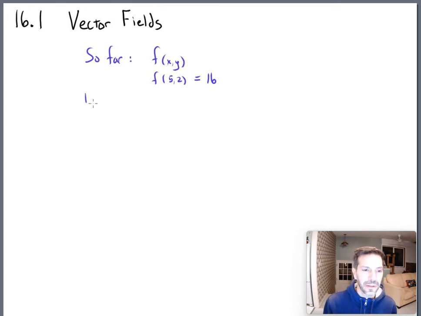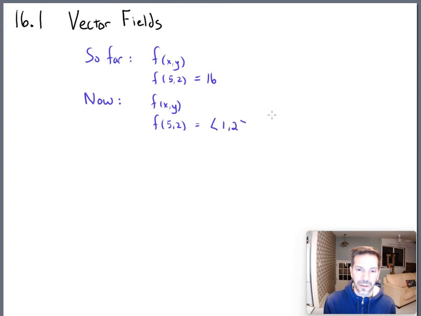And now we'll have a function, still of x and y, but that function will be designed to produce a vector, so that when you put a point in, the result is not a number like 16, but a vector like 1, 2.